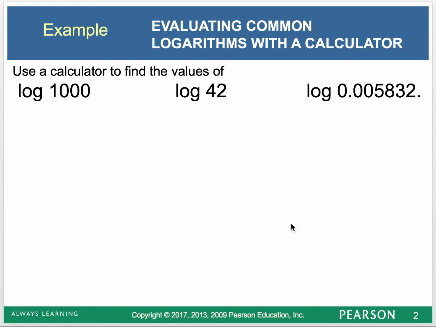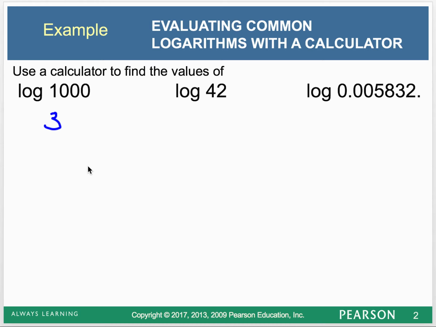So use a calculator to find these values. So just grab your calculator, you should already know where the LN button is because we used it last time to find the E. And right beside it, more than likely, is going to be your log button. So you hit the log and you hit 1,000, close that parenthesis, okay, and I got 3.